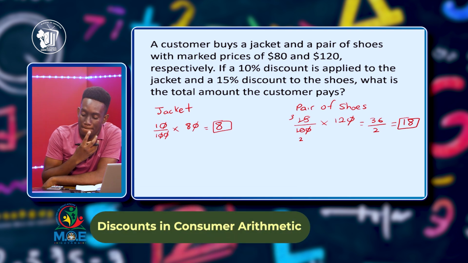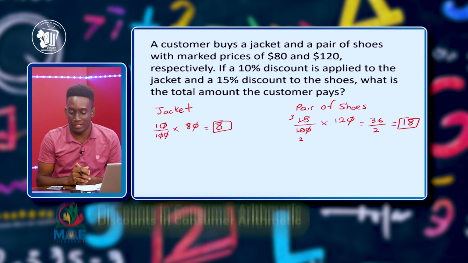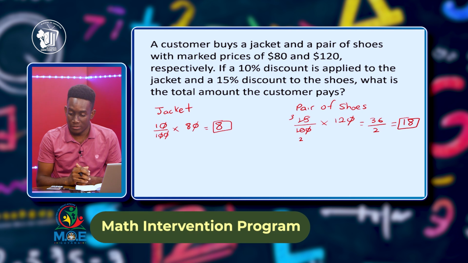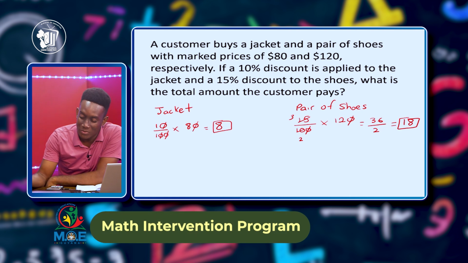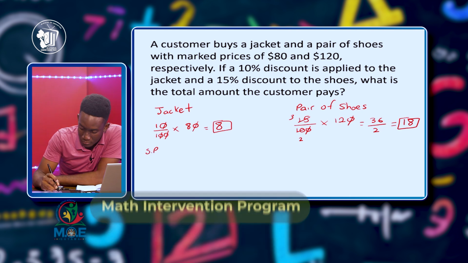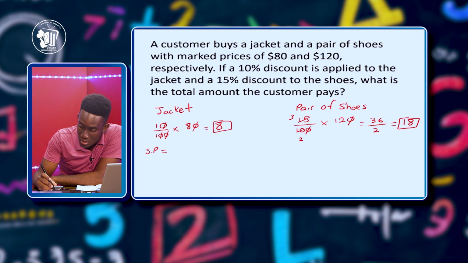To find the amount of money that the customer will pay, let's go back to the jacket. We see an $8 discount happens. So the selling price would be $80, subtract the $8, and this would be $72.